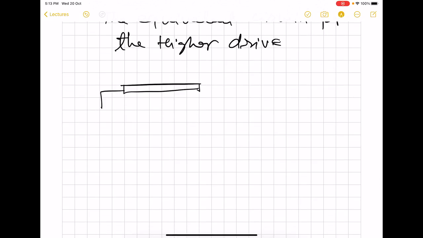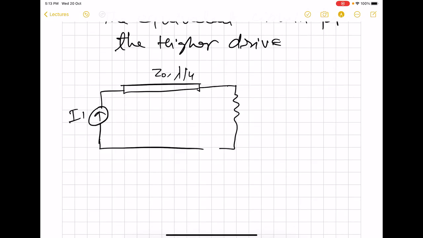So main power amplifier is going to be represented by this current source, which we will be calling as I1. And then now we have lambda by 4 line. And then we have load. And load is also being fed by the auxiliary power amplifier, which will be designated by current source I2.